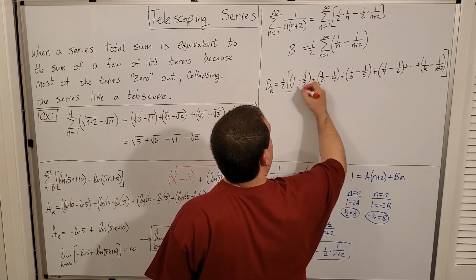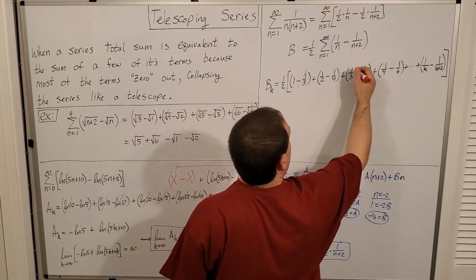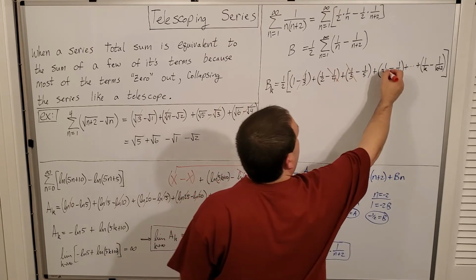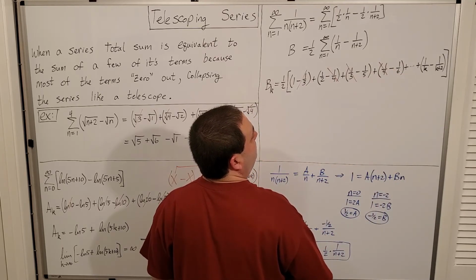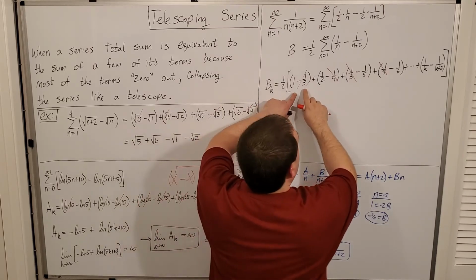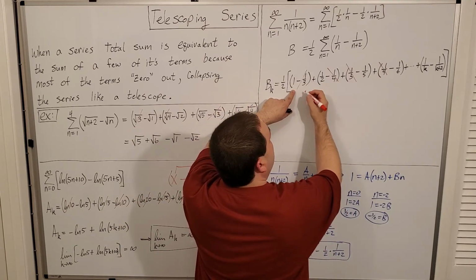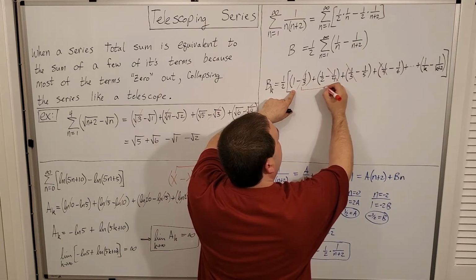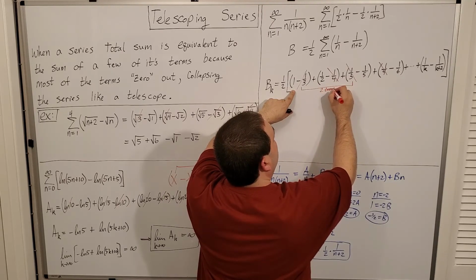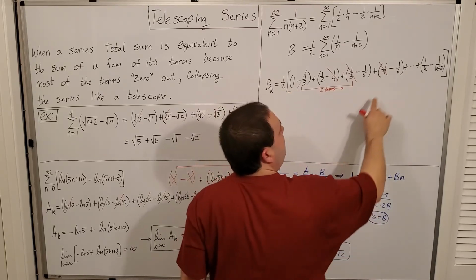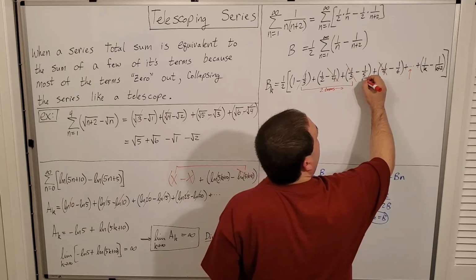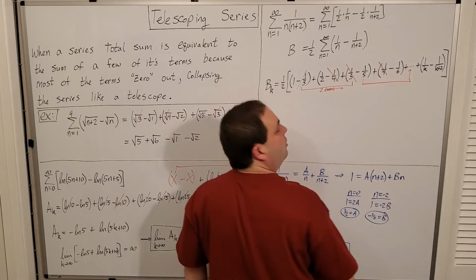So I've got the negative 1/3 along with the 1/3 here. I've got the negative 1/4 with the 1/4 here. And then we have to start looking at the pattern. Whenever I have something in a term, I look at the beginning of two terms down. So that means whatever was added right here, the very next term, the 1/5 would have paired up with it.